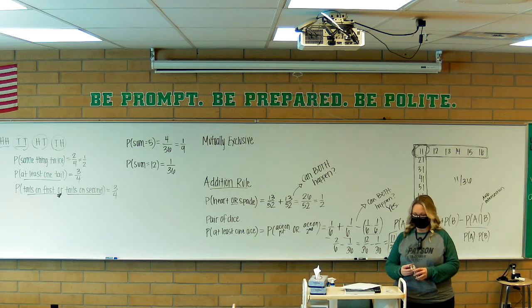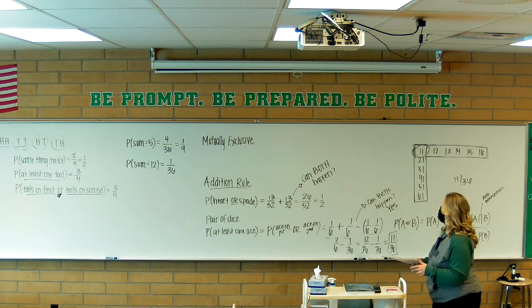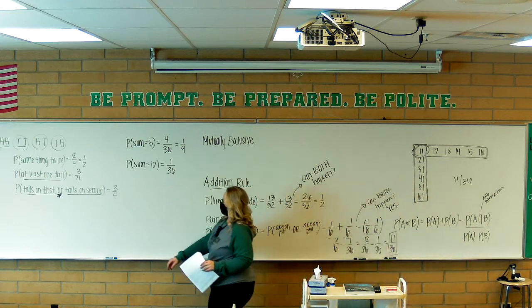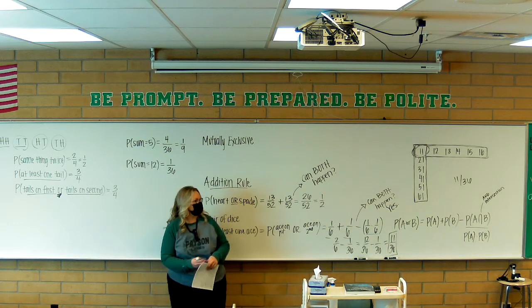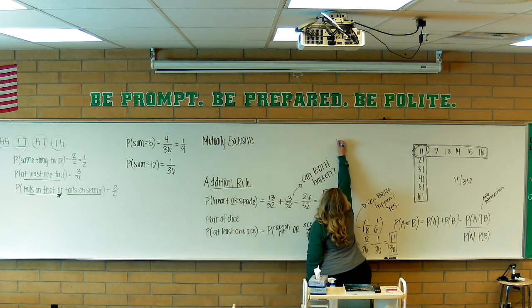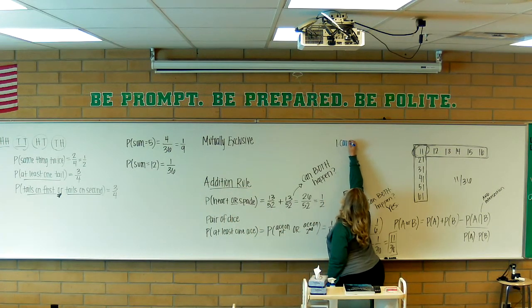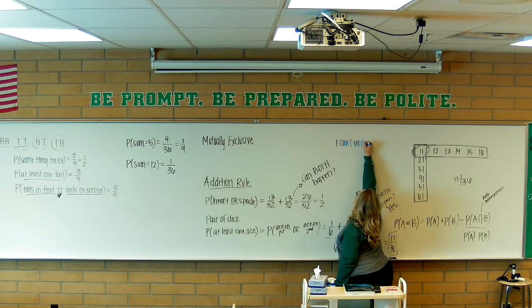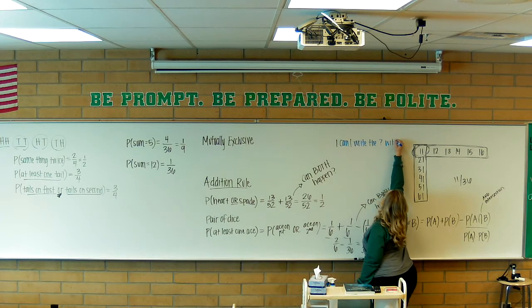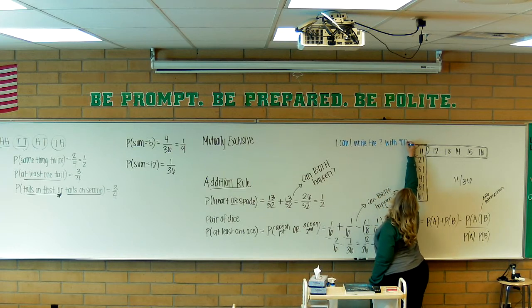Okay, here's what I want you guys to get in the habit of. When you get questions that have multiple events happening, like throwing a die twice, I want you to ask yourself these questions. Question number 1: can I write the question with the word or?